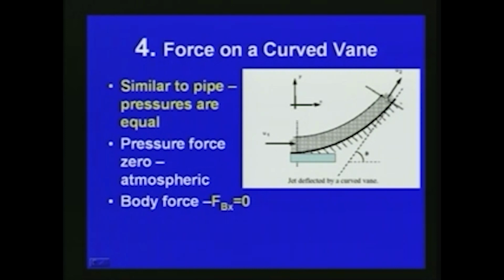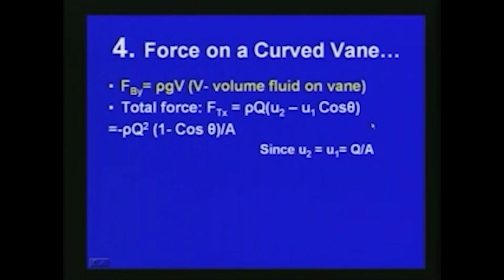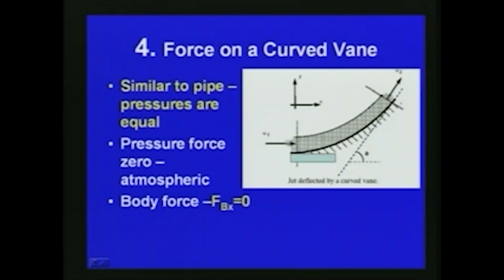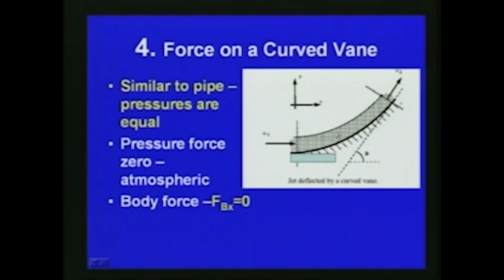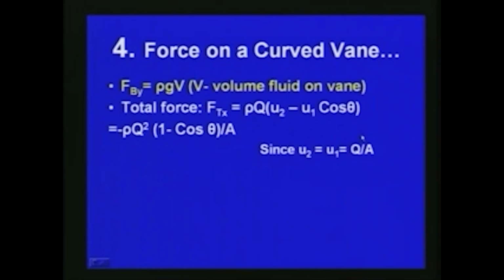Here u2 is in the deflected direction, and this is the angle theta. So u2 minus u1 cos theta gives the total force. The total force in the x direction is equal to minus rho Q into u1 minus u2 cos theta.